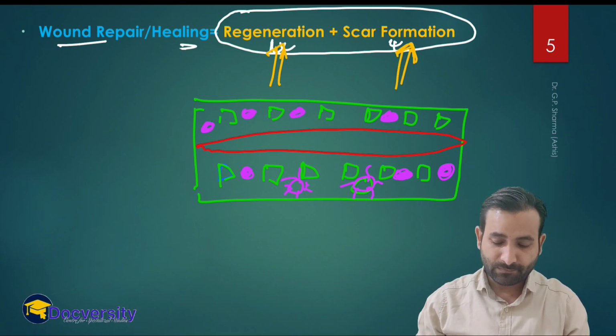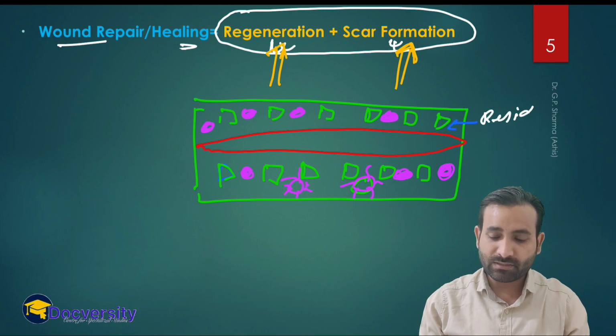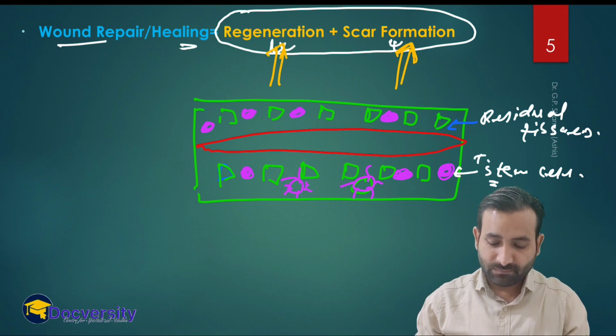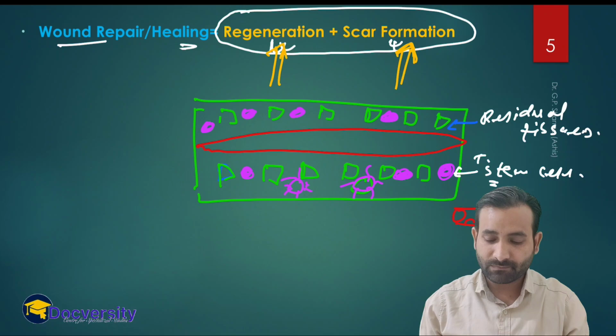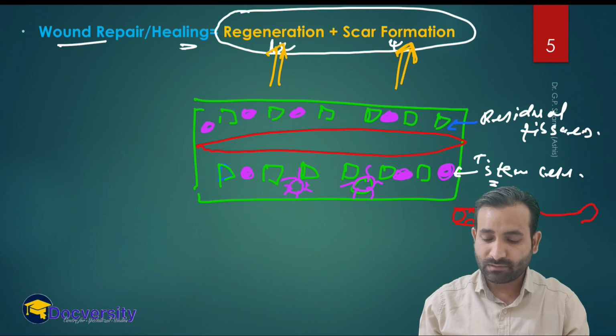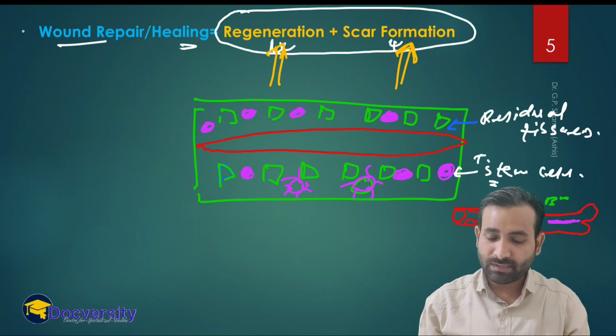Look at here, we have these tissues, these are our residual tissues. Similarly, we have here the stem cells, these are the tissue stem cells, plus we have the stem cells within the capillaries as well, plus we have the stem cells within the bone marrow, right?